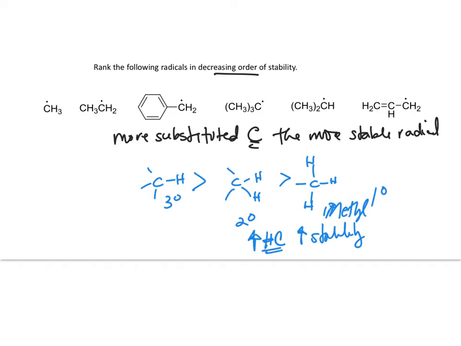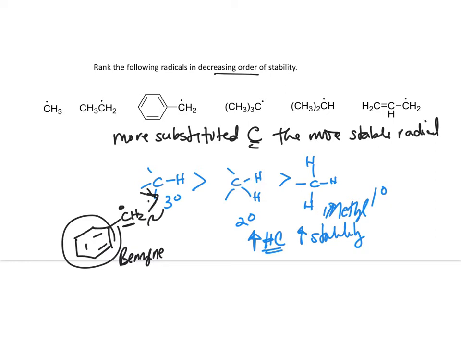Now the other thing you have to consider with stability is resonance. This benzyl group here is an aromatic or benzene ring right next to the carbon. That is more stable, I would say equally as stable as a tertiary.